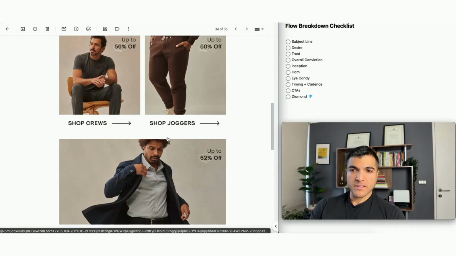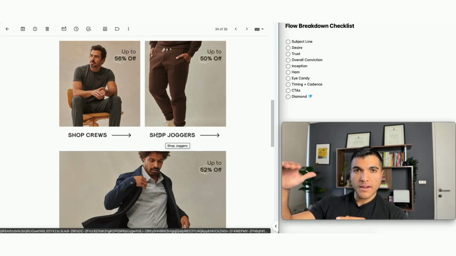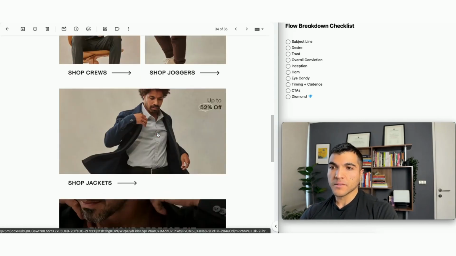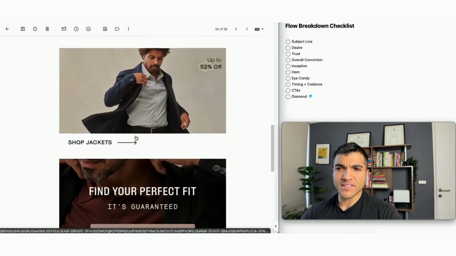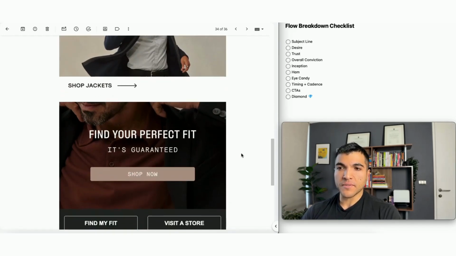But the big idea here is that hopefully they are pushing high lifetime value products, because there are low lifetime value products and high lifetime value products, meaning some products naturally lead to a high lifetime value because of the experience people have with them. Hopefully they're doing this. I'm assuming jacket is a good category. Then some trust building: find your perfect fit. It's guaranteed.